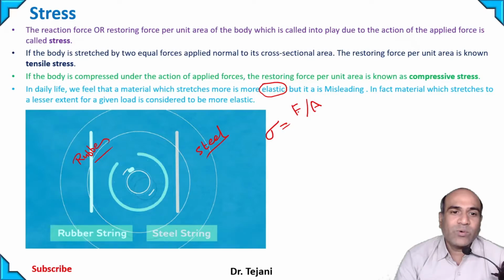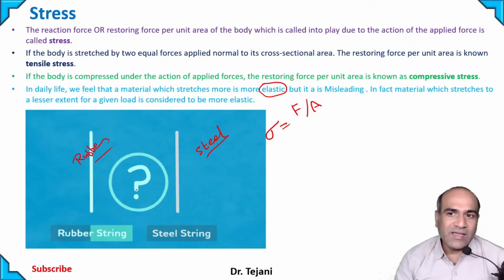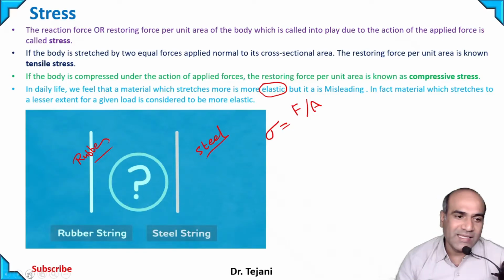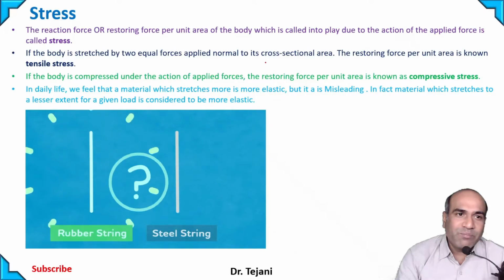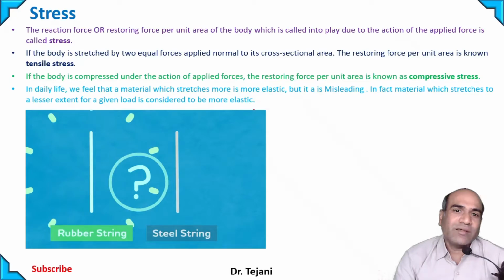That's why steel is more elastic. It can take much more load compared to rubber, and ultimately stress shows the strength of the material. Elasticity is not a measure of what amount of deflection is possible for the body.